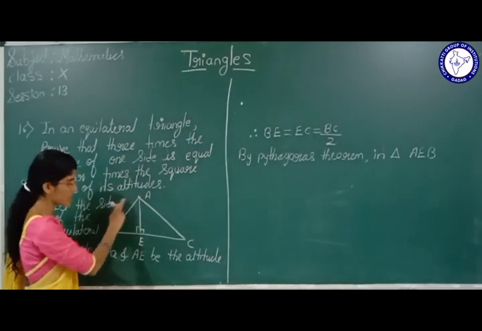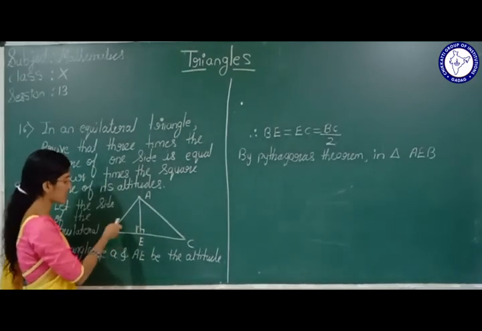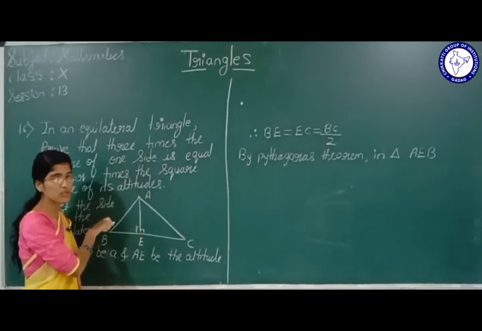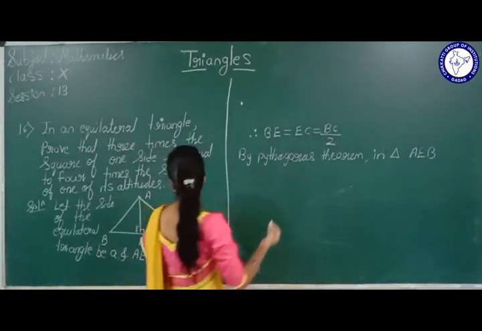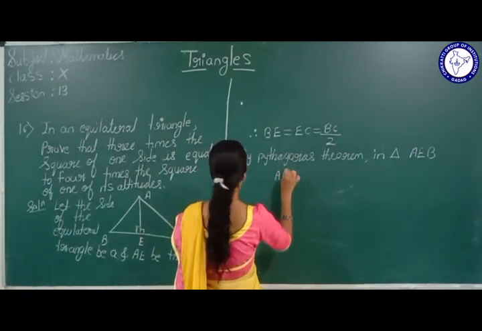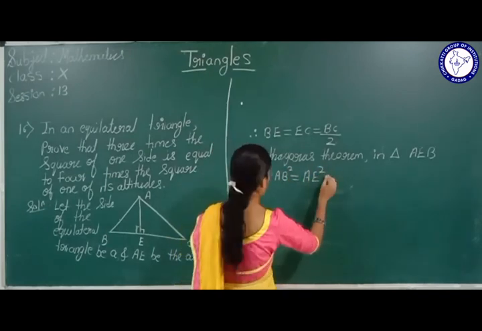This is a right triangle, no? Here angle E is 90 degree. In a right triangle, the square on the hypotenuse is equal to the sum of the squares of the remaining 2 sides. That is AB square is equal to AE square plus BE square.